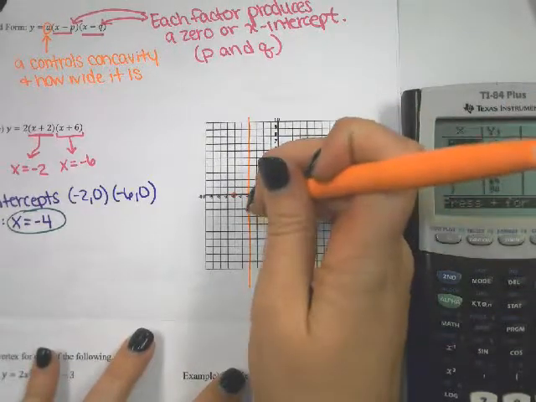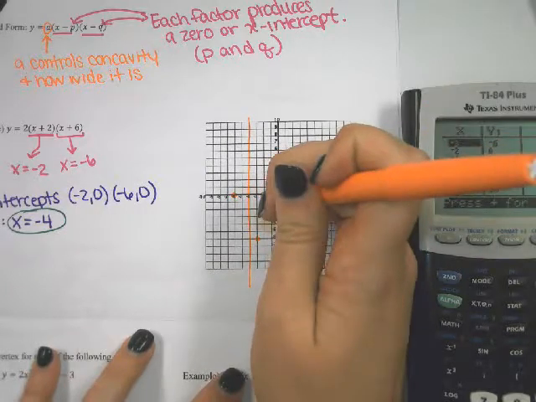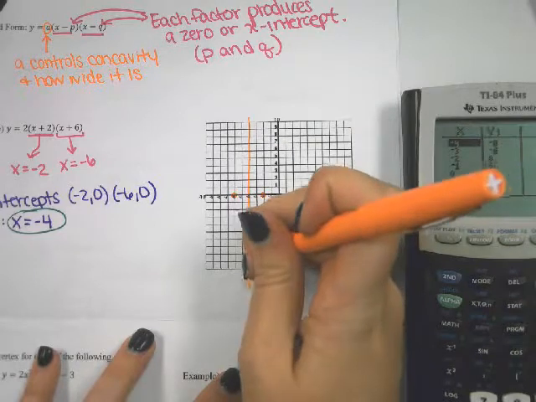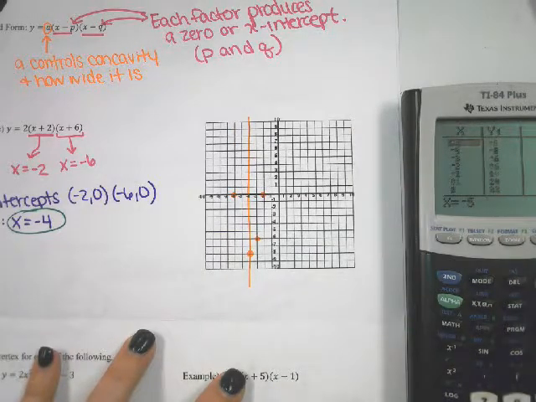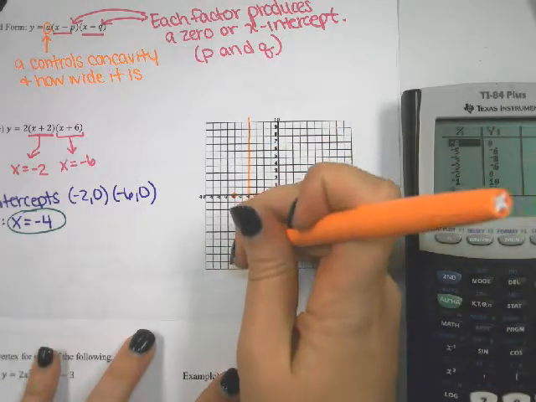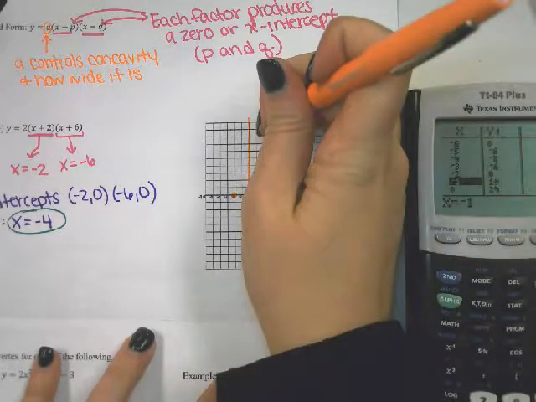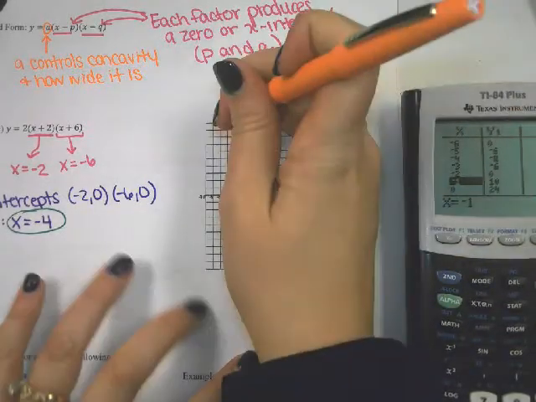So for instance, at -3, we get -6. At -4, we get -8. That's going to be my vertex. Then we have -5, -6. Let's see if -1 works. -10 still barely fits, and we'll have its symmetric point over there as well.